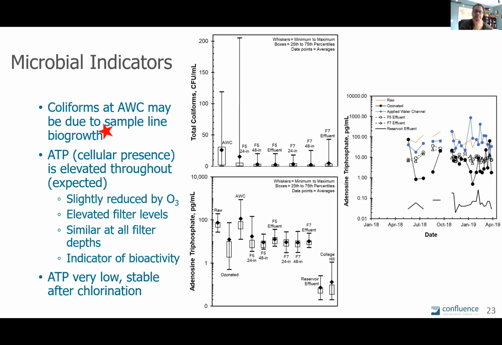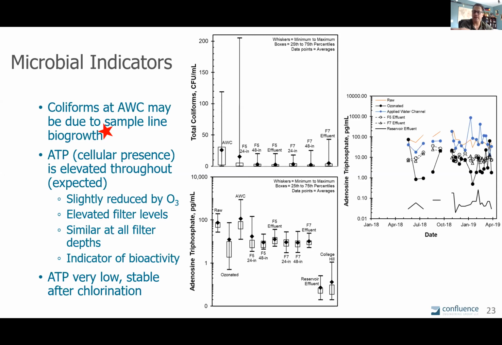On the bottom left, we looked at ATP in the liquid stream, whereas the previous graph showed ATP based on measuring filter media mass of biofilm. This looks at bacteria levels going through the process in the liquid stream. You can see it bouncing around there, but between 1 and 10 units or a little higher throughout the filters, and then dropping quite a bit once you get to chlorination and out into the distribution system, which makes sense because you're adding chlorine and knocking back that microbial load.